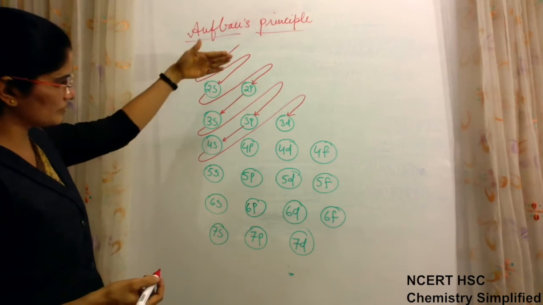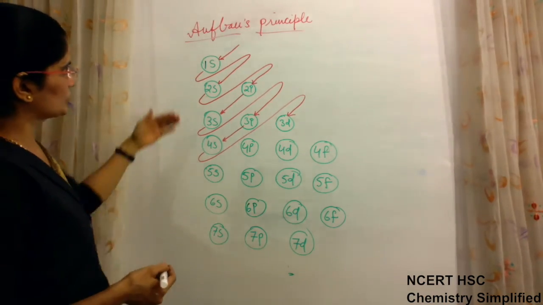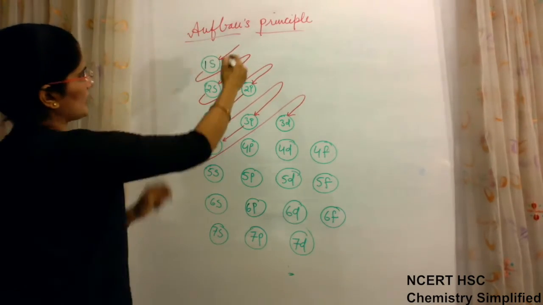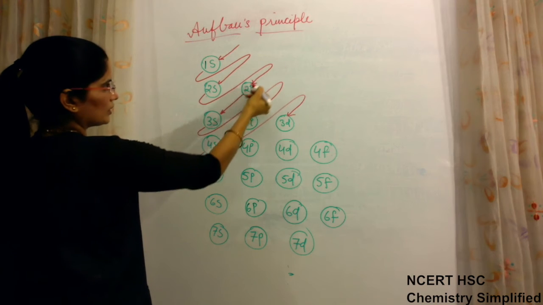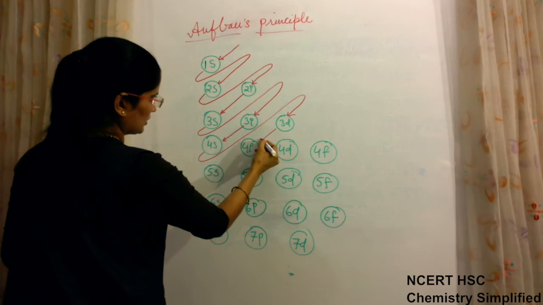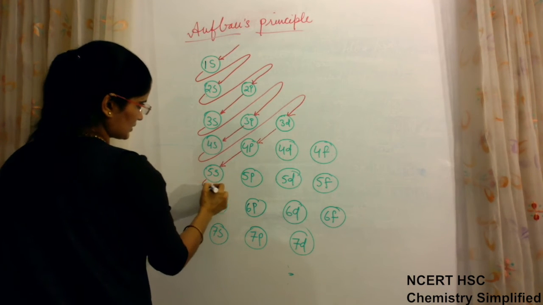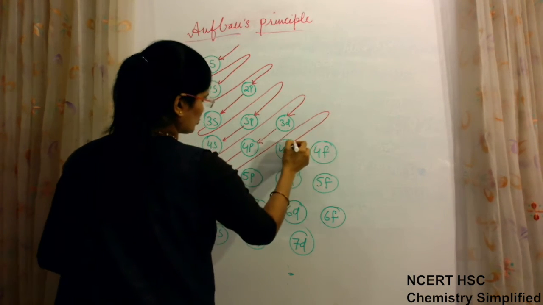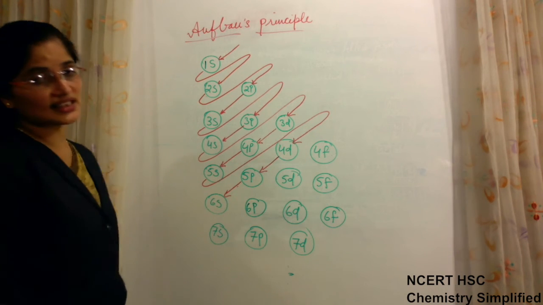What we are doing is drawing parallel lines diagonally, taking a turn and coming, taking a turn and coming. After 3d it will come to 4p, then 5s, then 4d, 5p, 6s.